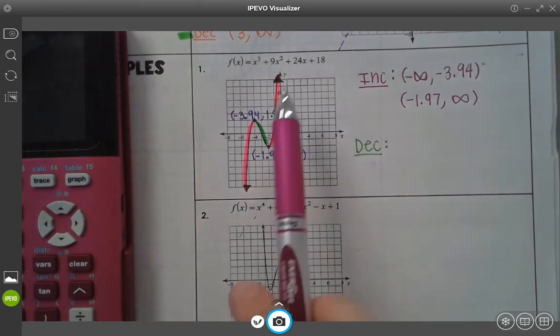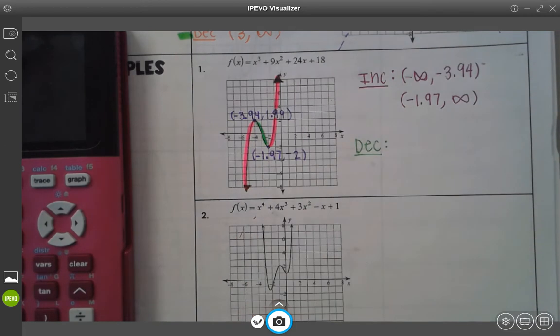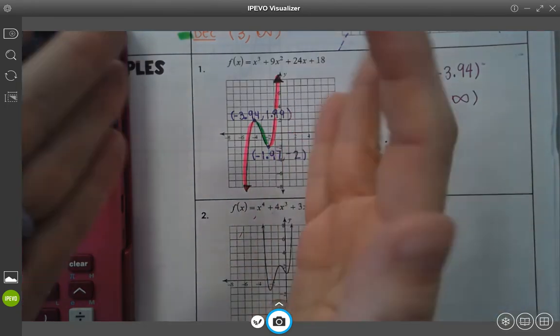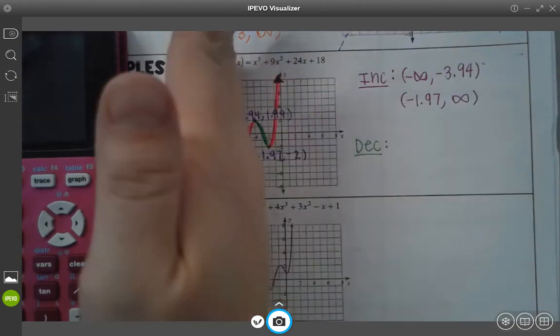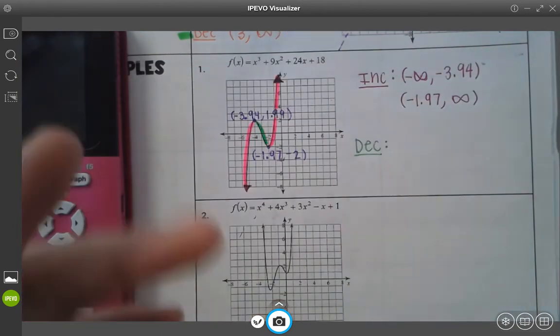Even though I'm not meaning it's on the left side of the y-axis, if you look at the graph as a whole, just the shape of the graph, it's on the right side of it. It's not because it falls on the left side of the y-axis. It's because of the graph.